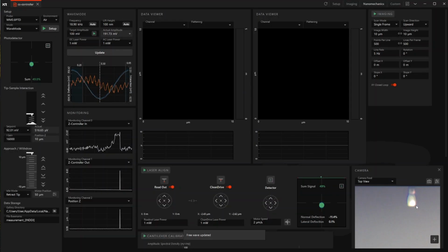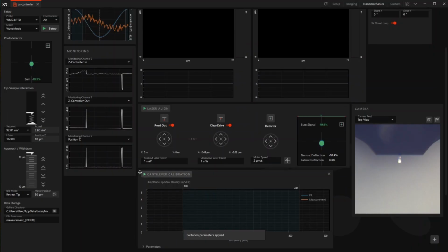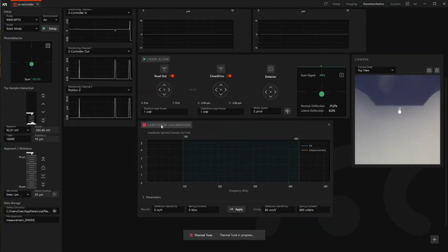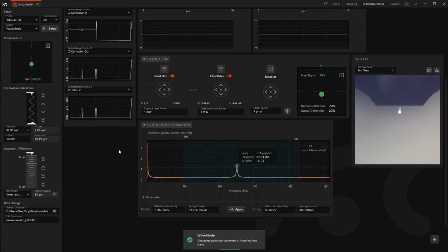For the imaging part, I'm going to use wave mode, which has low lateral forces and will preserve the tip and the structures in the surface. For this probe, 15 kilohertz is a nice wave mode frequency, and I start by calibrating the probe, because this way I can know exactly the force that I'm applying and also the amplitude of the oscillation.